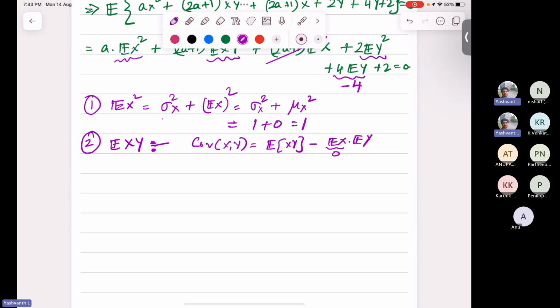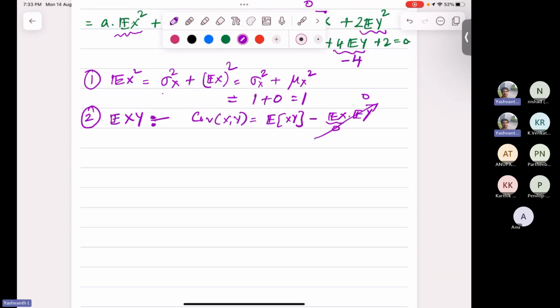But expectation of x is 0, so that term becomes 0. So covariance of xy is the same as expectation of xy. I showed you that covariance is sigma x sigma y rho, so expectation of xy is 1 into 2 into minus half, which is minus 1.